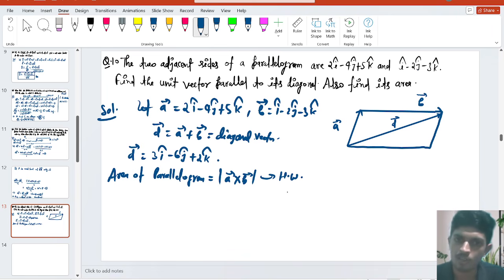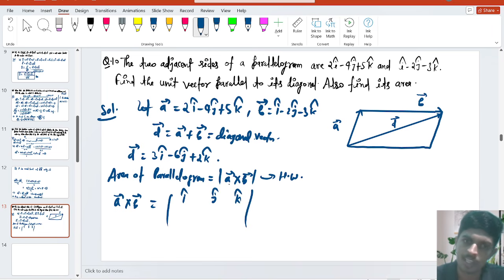The first row is i cap, j cap, k cap, then the components of A: 2, minus 4 and 5, and the components of B: 1, minus 2 and minus 3. Just simplify it and take the modulus, and you get the area of the parallelogram. This is your homework.